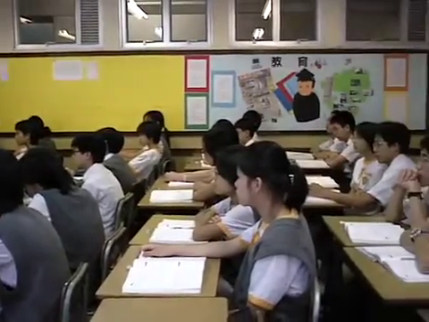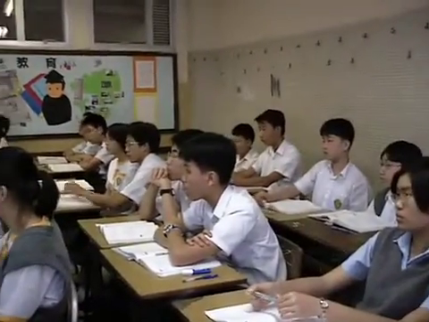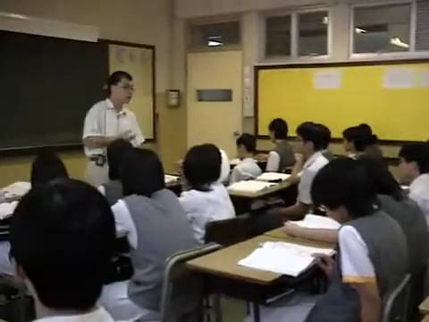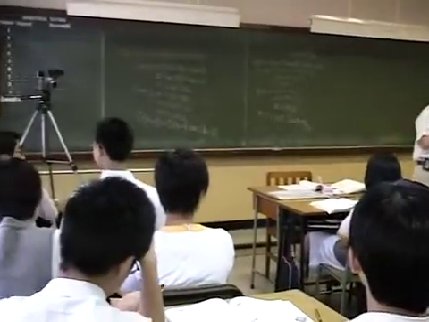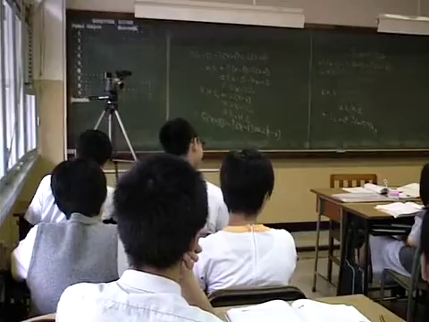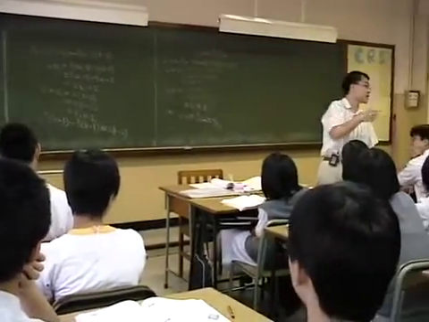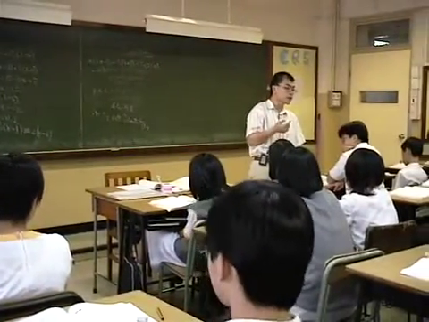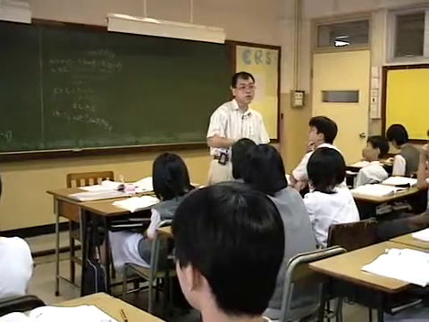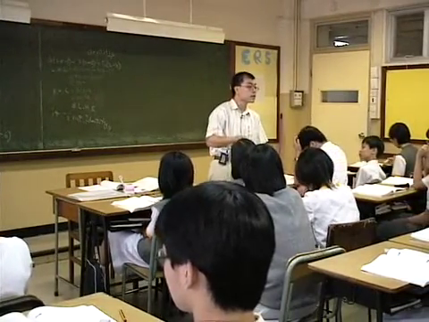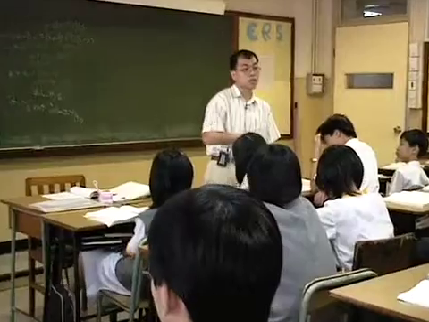Understand? Know the difference between identity and equation. For an identity, between the two sides you can use a new symbol with 3 lines, and we read it as is identical to, or you can say that they are identically equal.